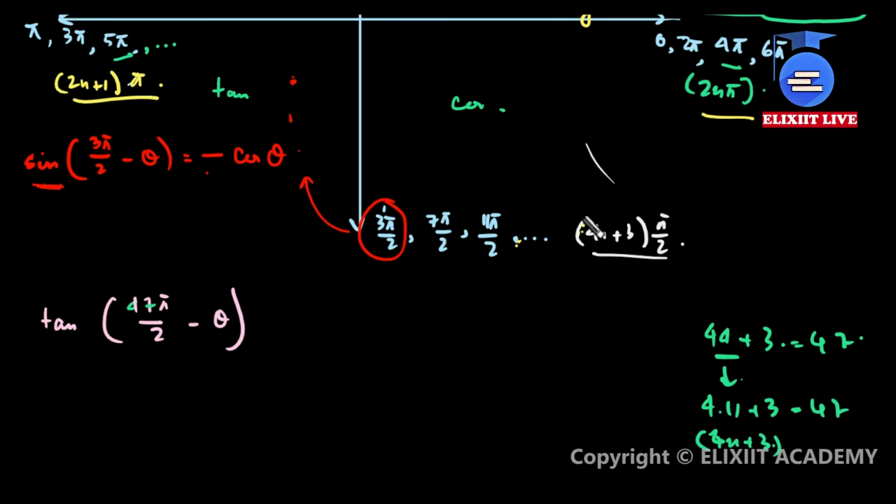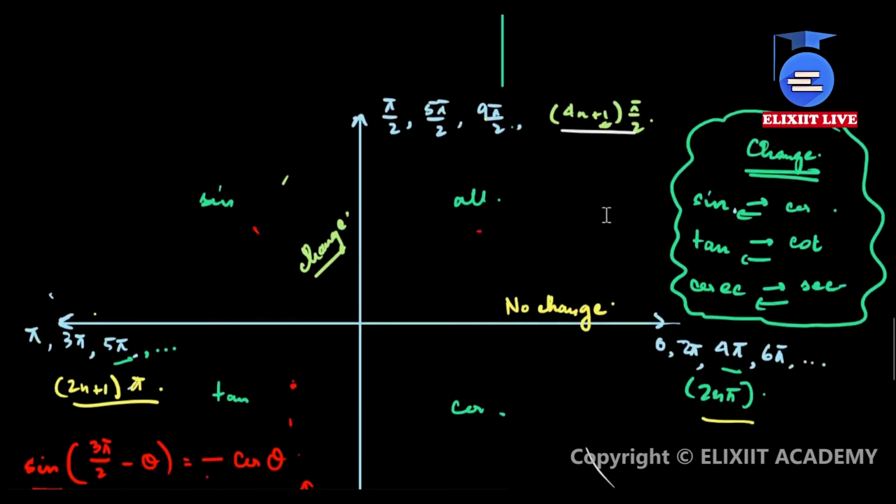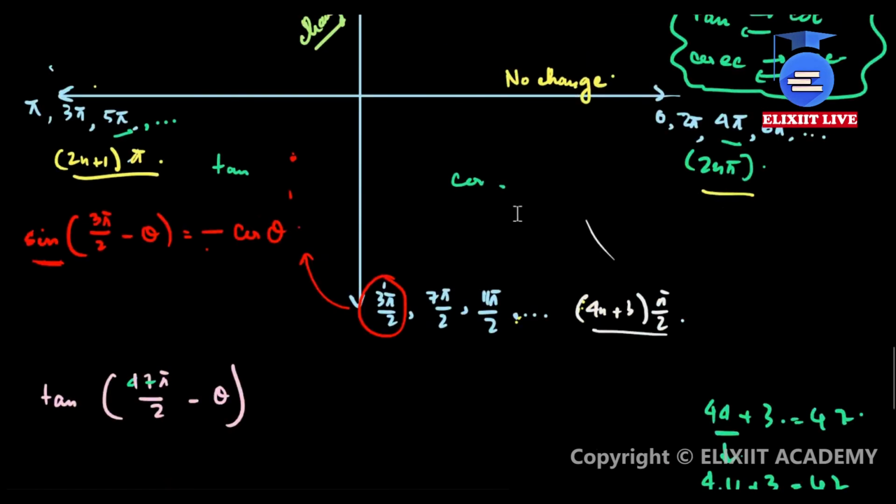So 4n plus 3 will come over here. 4n plus 3 means on the y-axis there is a change. So we have 4n plus 3 pi by 2 minus theta, which means over here in the third quadrant.